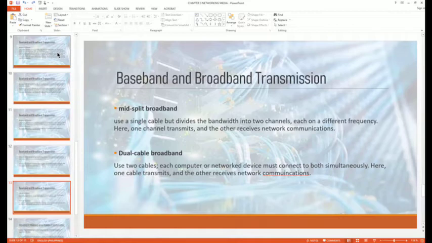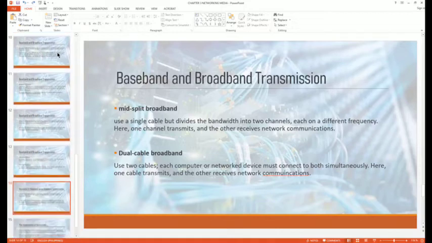Here, one channel transmits and the other receives network communications. Next is the dual cable broadband. It uses two cables. Each computer or network device must connect to both simultaneously. Here, one cable transmits and the other receives network communications.